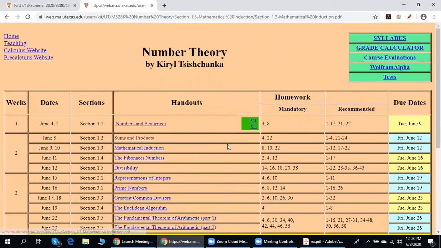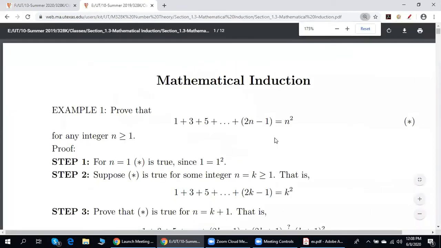So if we click on mathematical induction, here we start with this wonderful property. The sum of consecutive odd numbers starting from 1 is a perfect square.